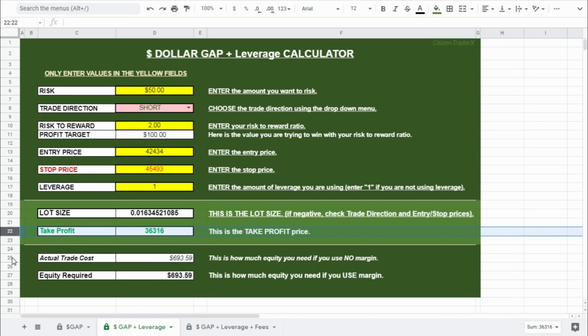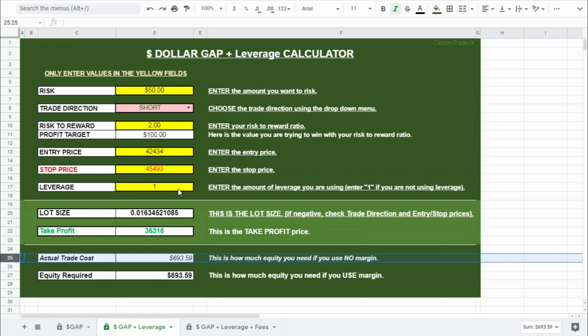So in order to sell 0.016 Bitcoin, the trade itself is going to cost $693.59. That's how much you're going to spend to enter this trade. And if you're not using leverage, you're just using 1-to-1 of what you have, then the actual amount you need to have in your account is what it costs.